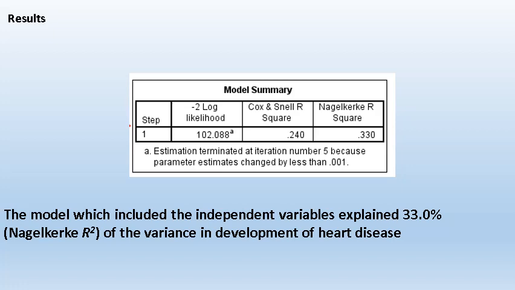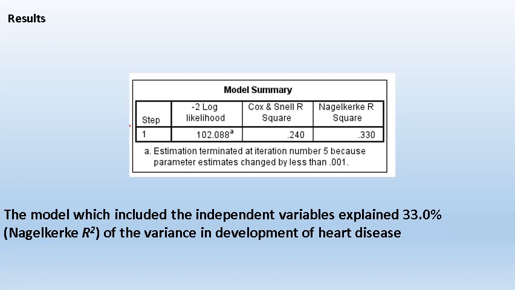The first table shows the model summary. There are so many values there, but we need to look at the Nagelkerke R-squared value. The model, which included the independent variables, explained 33% of the variance in development of heart disease.